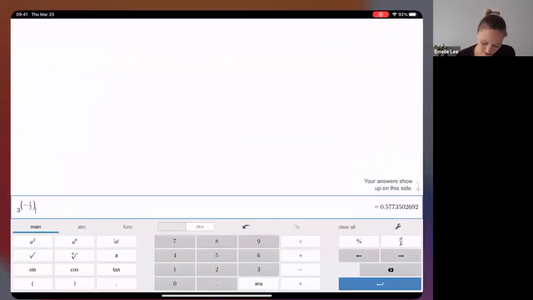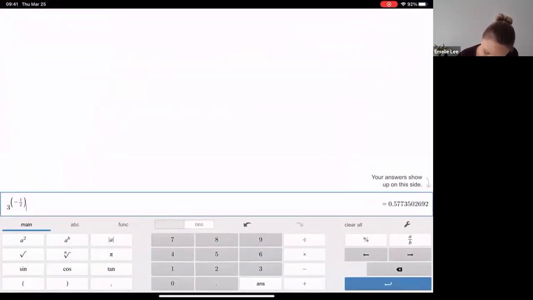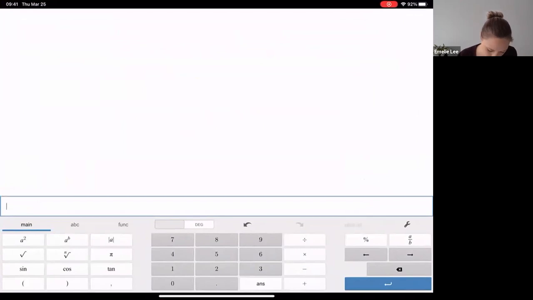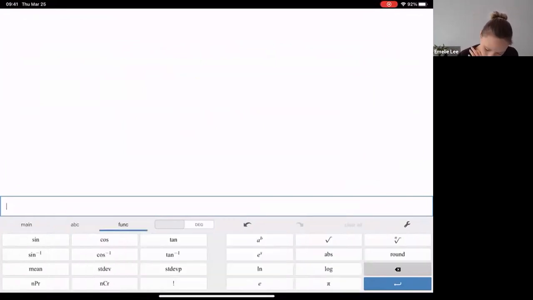So depending on your calculator, let me just clear this. In the decimals calculator that I'm using here, it's not in the main menu. It's going to be in the function menu, and over in the right hand column, you've got an e to the power of x button.